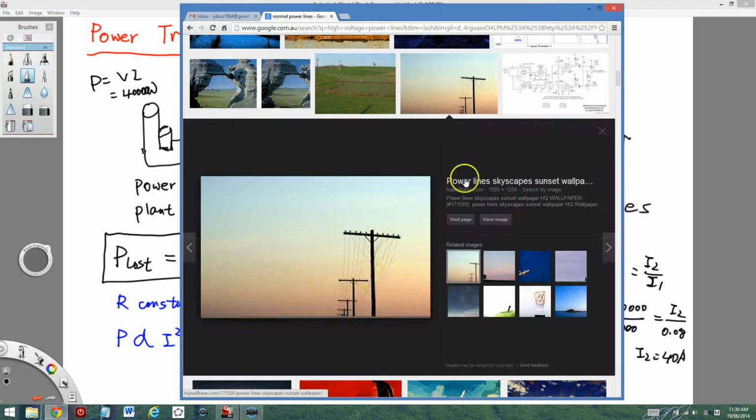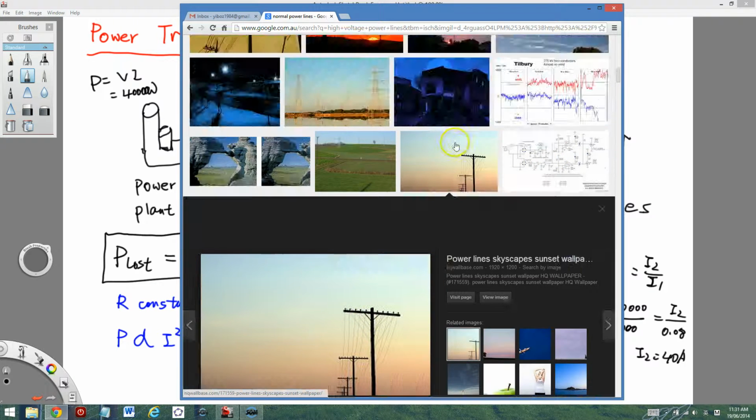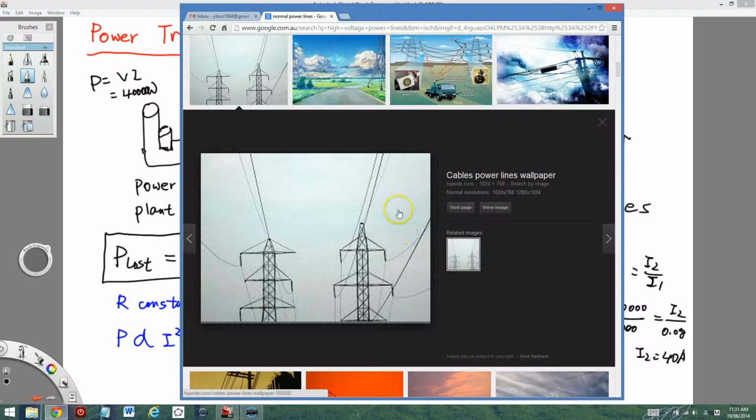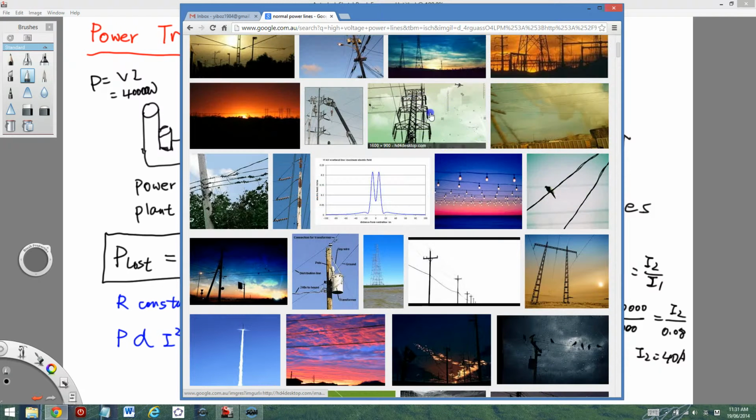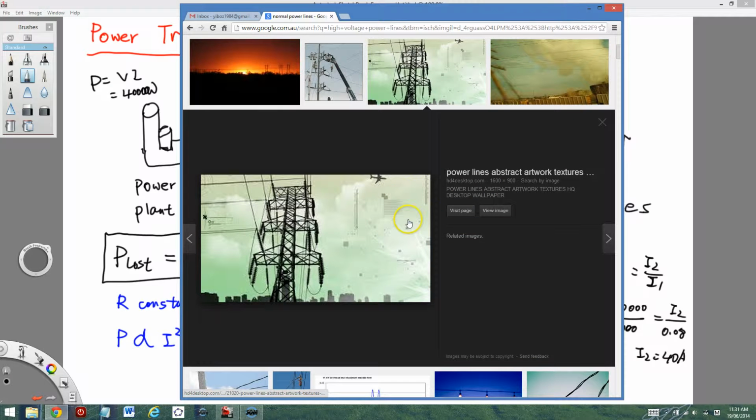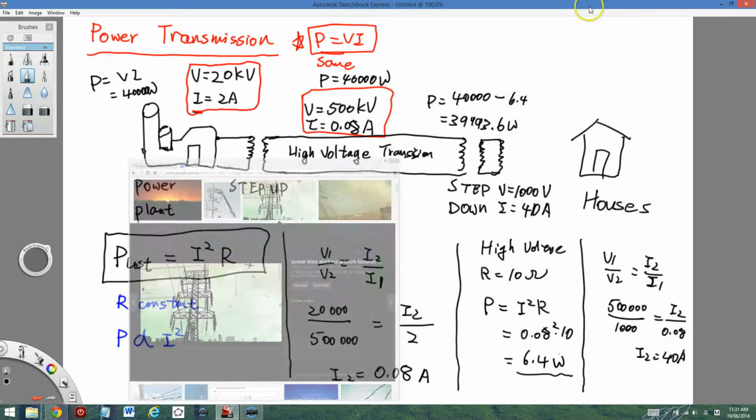Yeah, things like this. Okay. You see it around your house on the street, which your house gets its power from, which is a much lower voltage than those great big giant high power transmission lines.